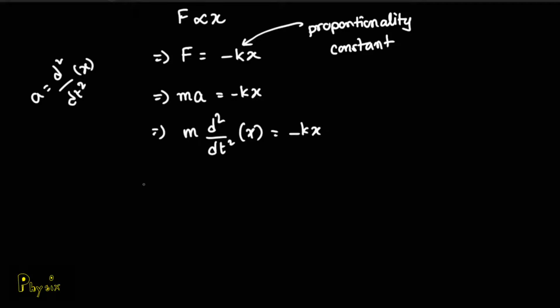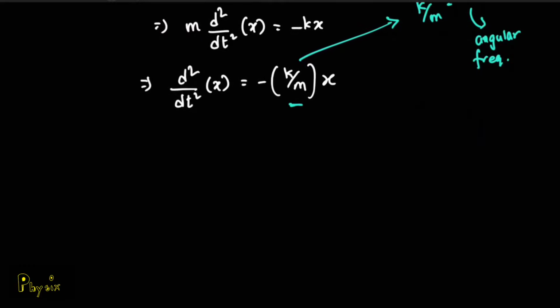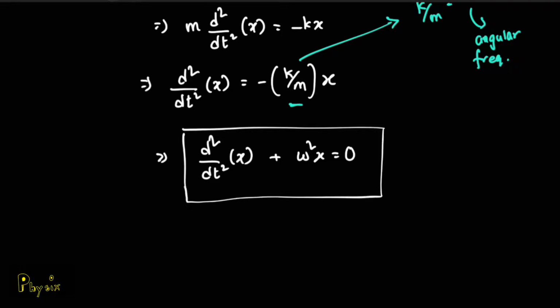We can divide both sides by m. In physics, we say that k over m is defined as the square of the angular frequency, omega squared. If we take this to the left side, we are left with this, and this is the general equation of any system in simple harmonic motion.